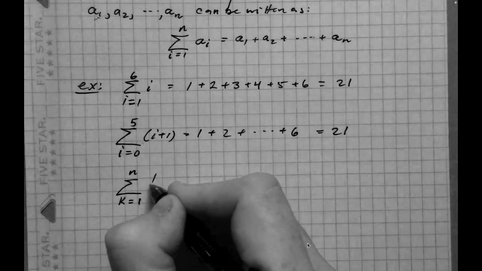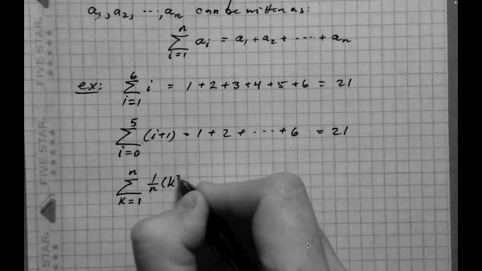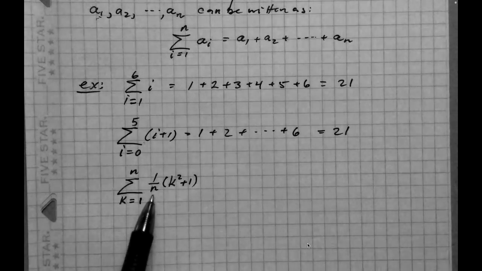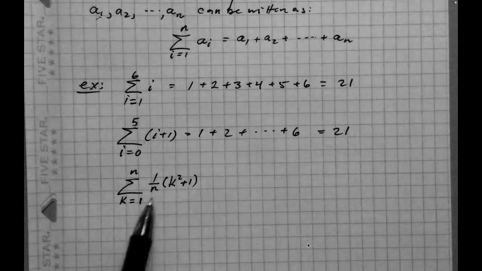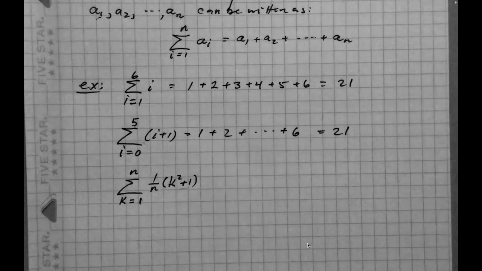But let's say the term itself is 1 over n times k squared plus 1. Right, so in this case, every term is going to be divided by n, whatever n happens to be, and then this piece of the sum is what's going to increase term by term.